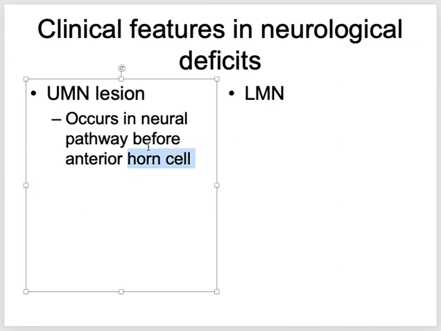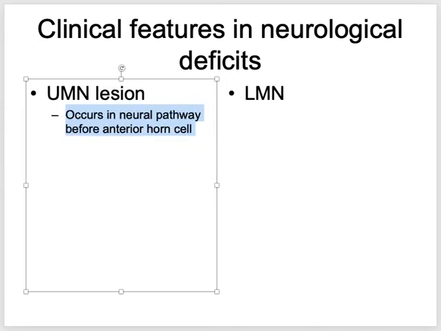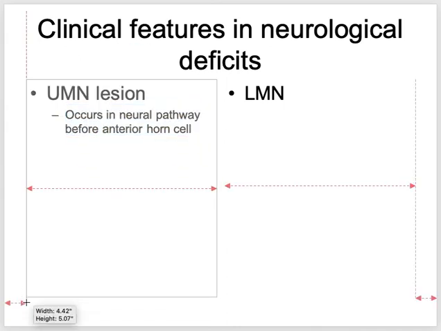This is the main definition of an upper motor neuron type of lesion.